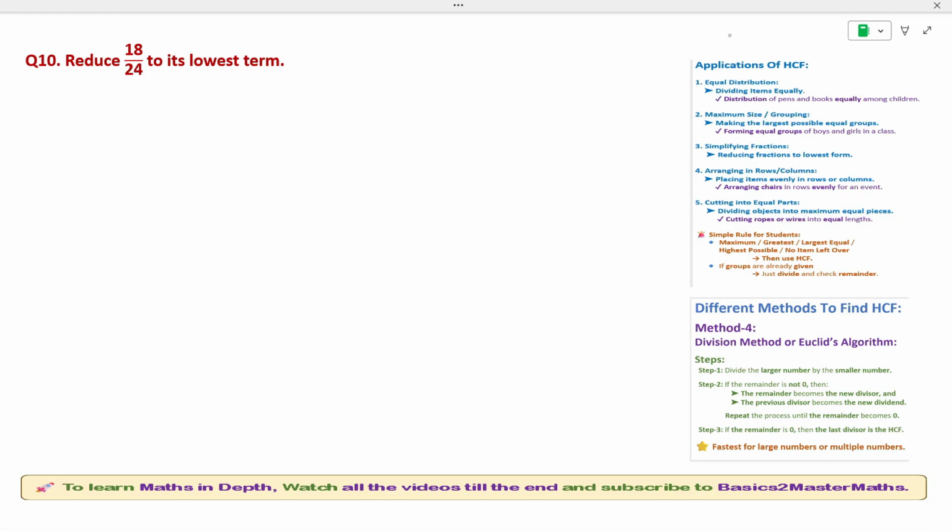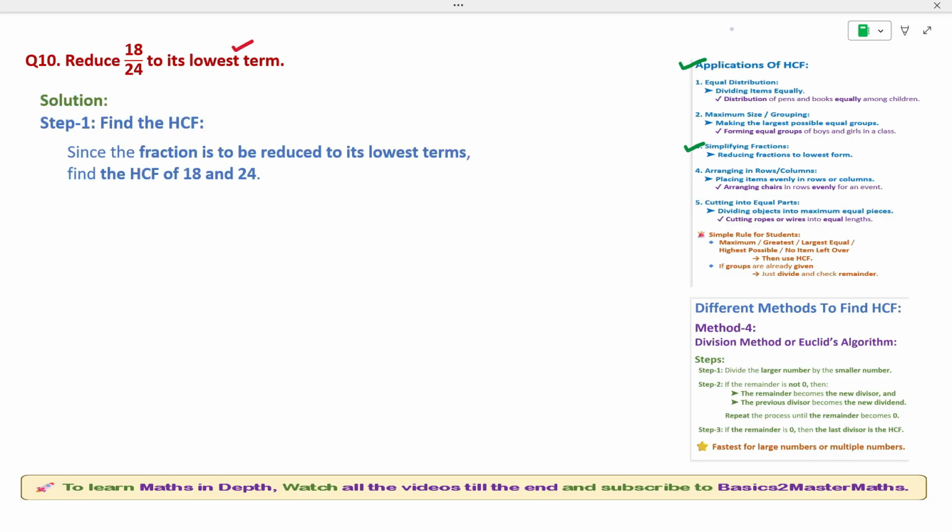Today, we will solve another problem on the applications of HCF, that is, simplifying fractions. Reduce 18 by 24 into its lowest term. Step 1. Find the HCF.